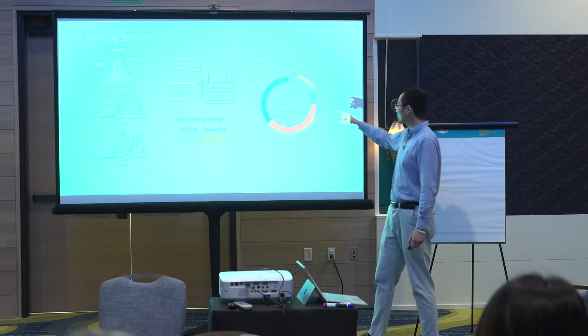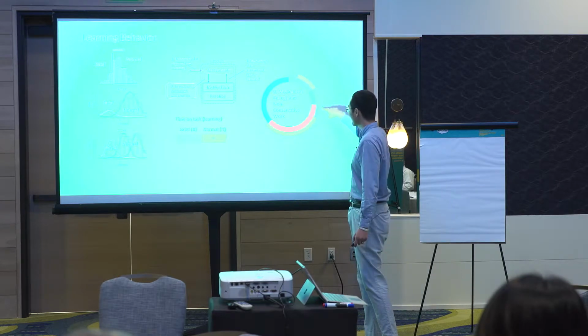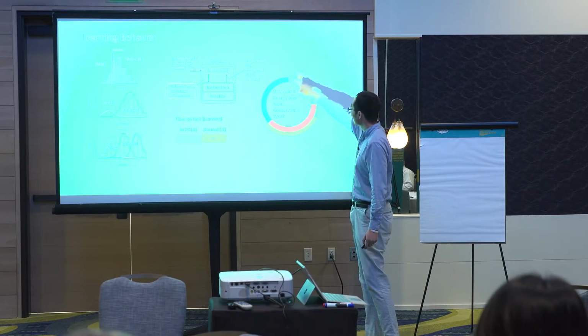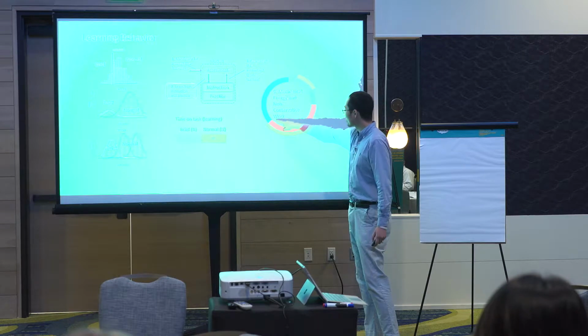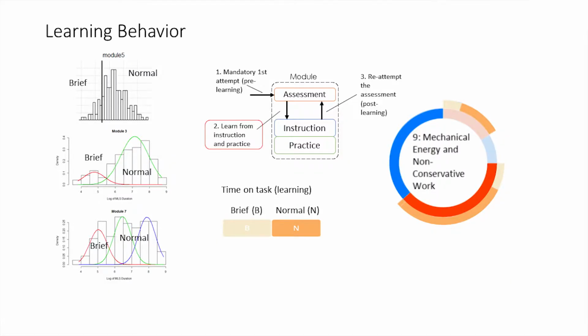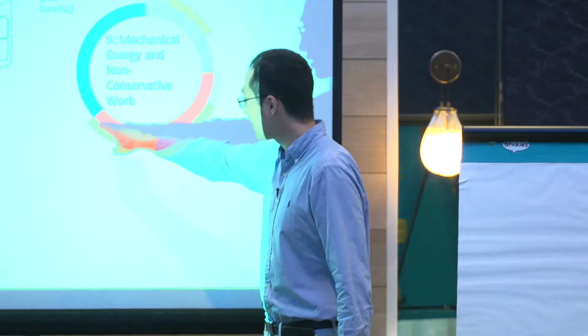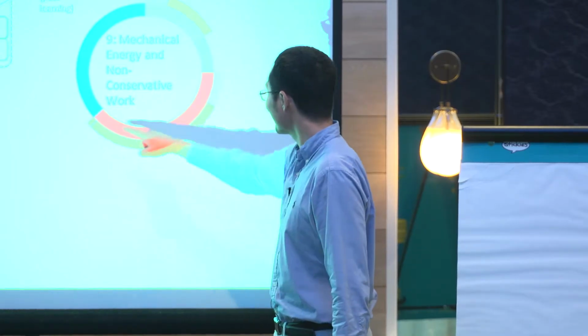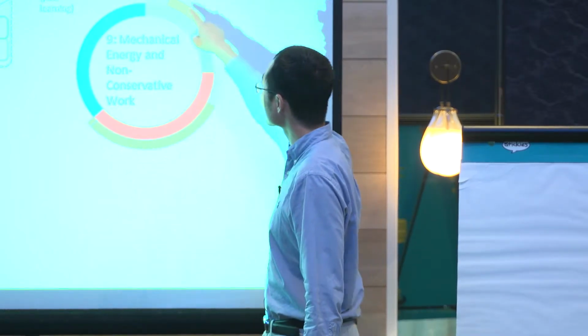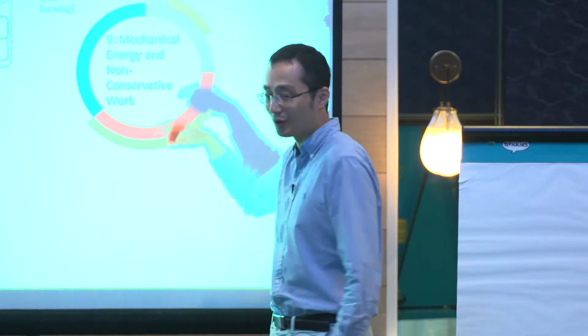And we plot the distribution on another ring, the outer ring, so you can see for this module, for example, those who failed normally on the pretest, some of them are normal learning, some of them are brief learning.